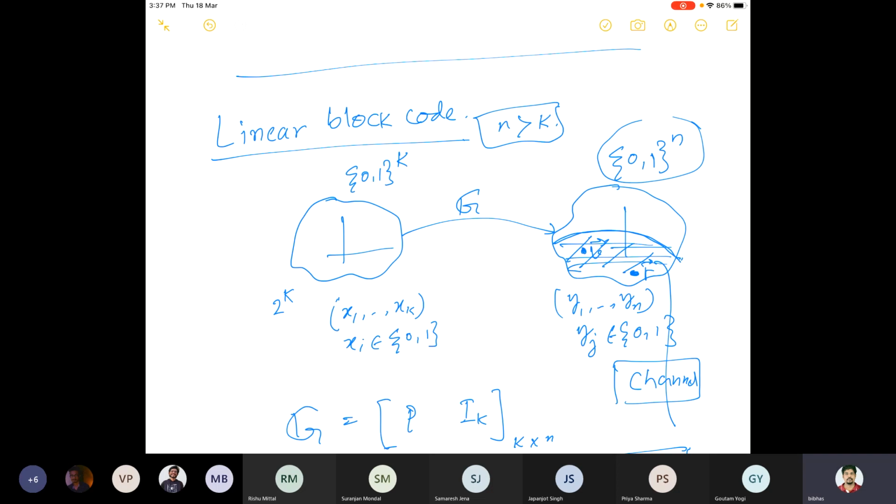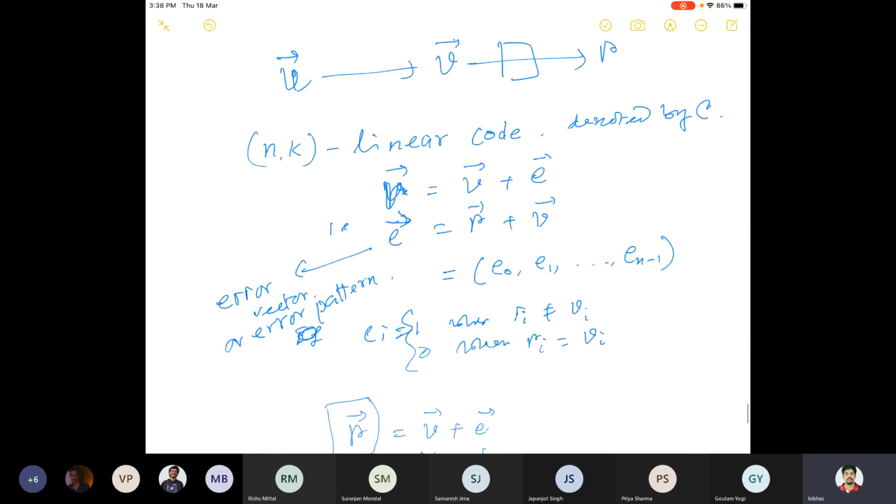So R is received, and R is also erroneous. It means the error pattern or the error vector E has to be here as well, because it is a vector space. Because R plus V is E. So E also has to belong to this subspace because it is closed under addition. So this can happen.